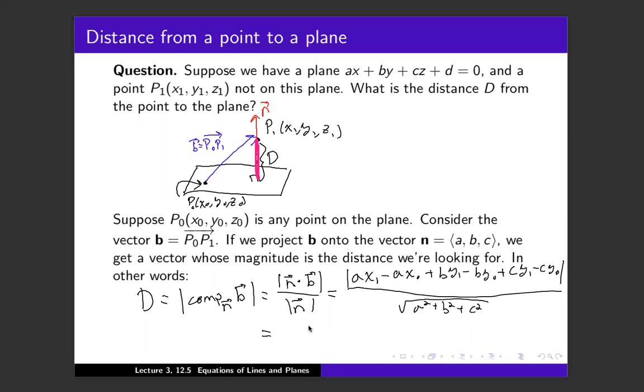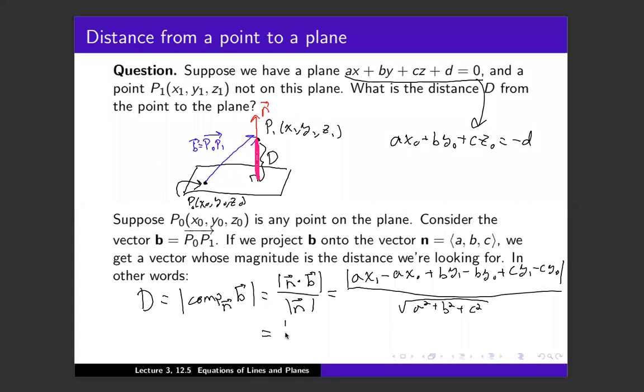Now, you can take that a step further. Ax naught plus by naught plus cz naught, all that stuff, is going to come out to negative d. Just using the fact that x naught, y naught, z naught is on the plane, we know that ax naught plus by naught plus cz naught is equal to negative d, going from the equation for the plane that we had to begin with.